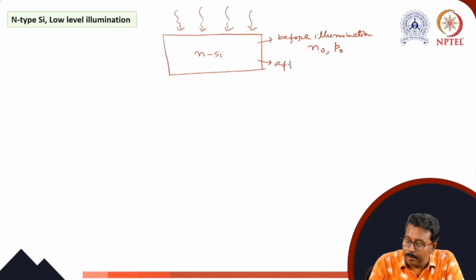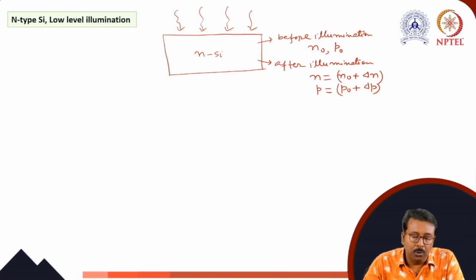After illumination, N will be N0 plus delta N, and P is equal to P0 plus delta P. Delta P and delta N are photo-generated excess holes and excess electrons. So delta P is equal to delta N.